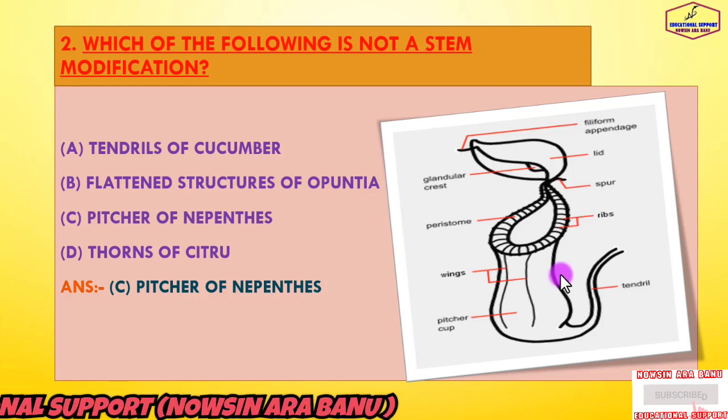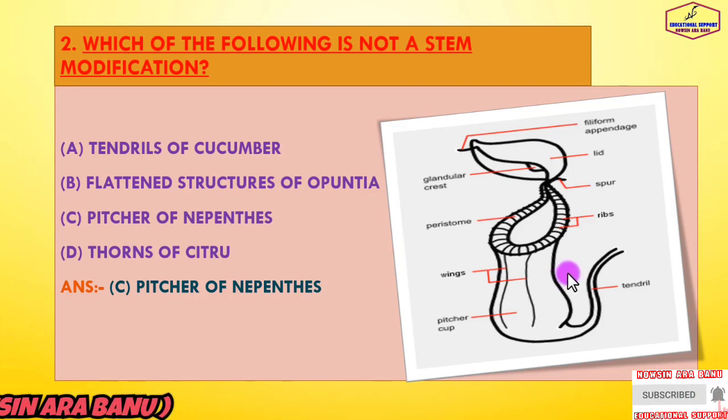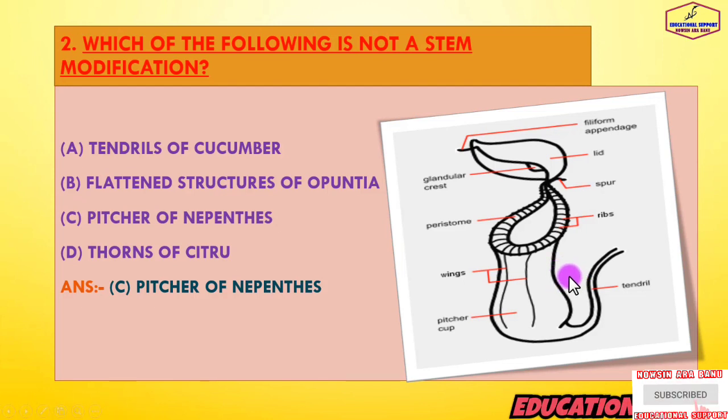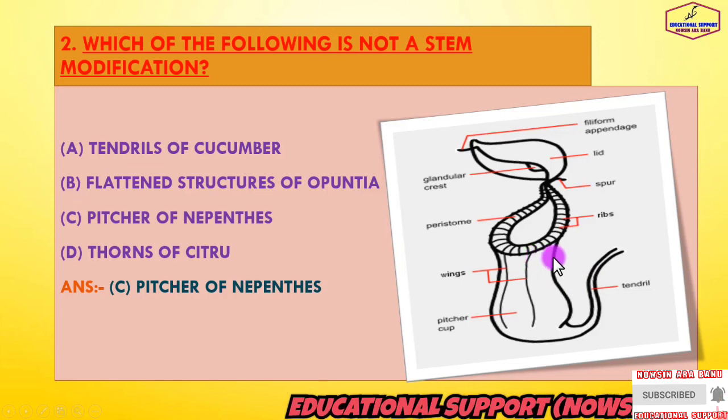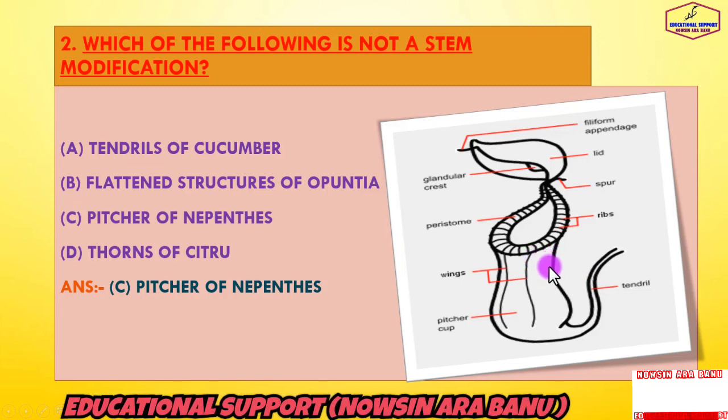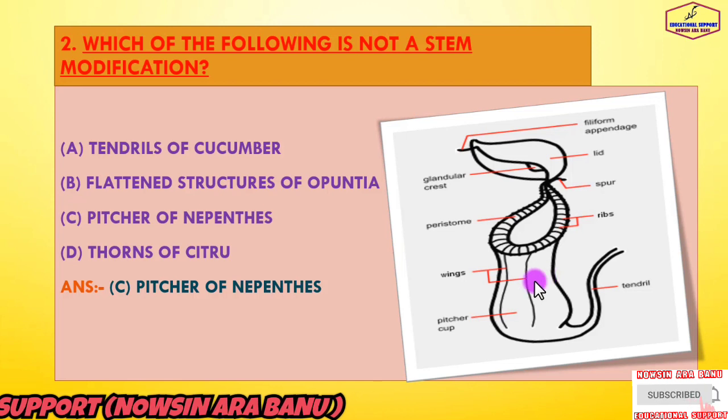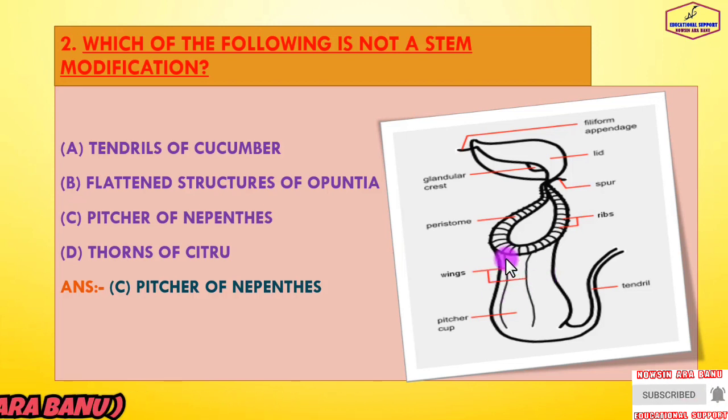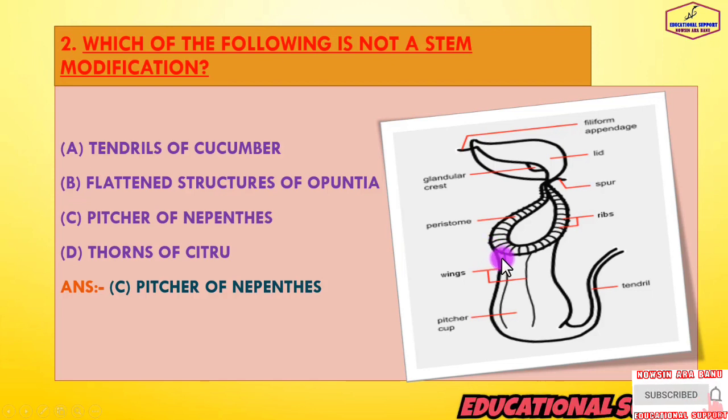And tendrils also help the plant to climb. They are modifications of the axillary bud and exogenous in origin, for example, grapes, cucumber, pumpkins, watermelon, etc. But nepenthes is a tropical pitcher plant, a genus of carnivorous plants.